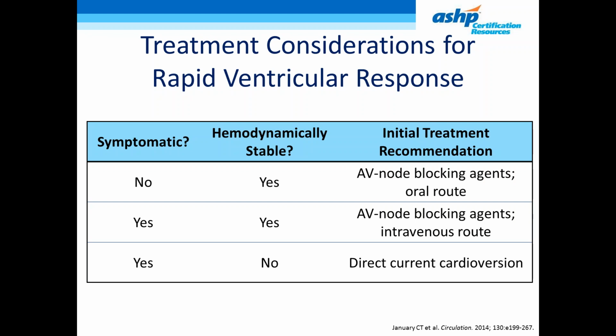In this case, it's not as emergent to obtain control of the ventricular rate. If the patient is symptomatic and is hemodynamically stable, then we should consider AV nodal blocking agents by the intravenous route. And then finally, if the patient is symptomatic but is not hemodynamically stable, this is a medical emergency, and those patients should receive direct current cardioversion.